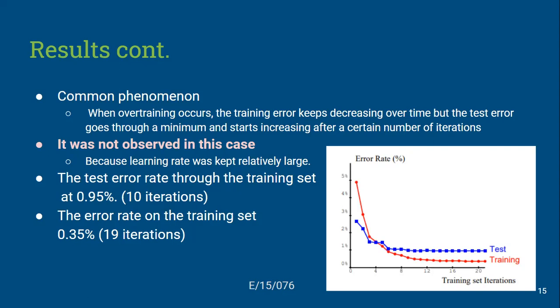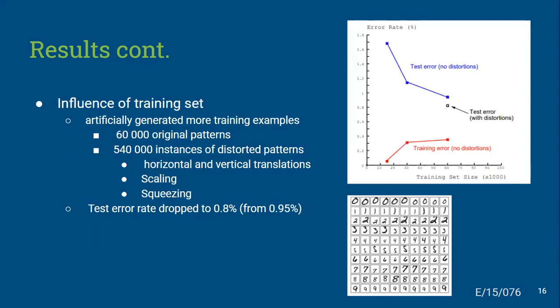You can see that the test error rate stabilizes after around 10 iterations through the training set at 0.95%, and 0.35% after 19 iterations.